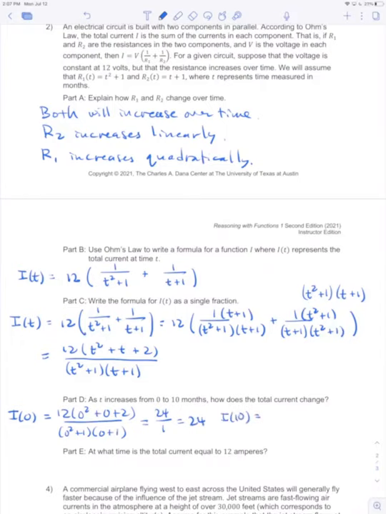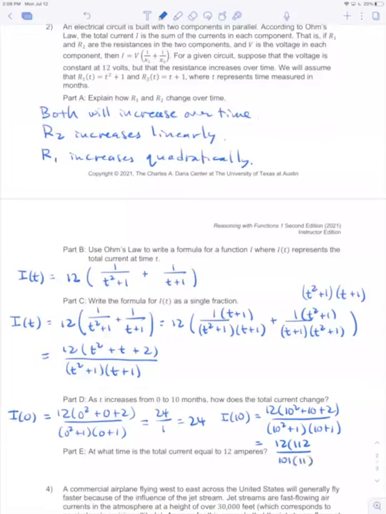If we do the same thing again, but we're going to put in a 10 this time, we're going to get 12 times 10 squared plus 10 plus 2 over 10 squared plus 1 times 10 plus 1. So this would end up being 12 times 112 over 101 times 11.